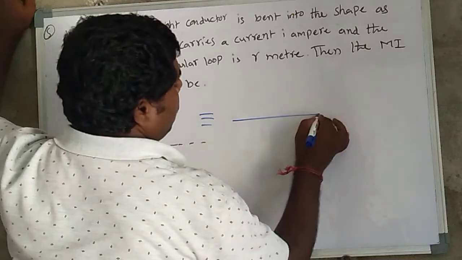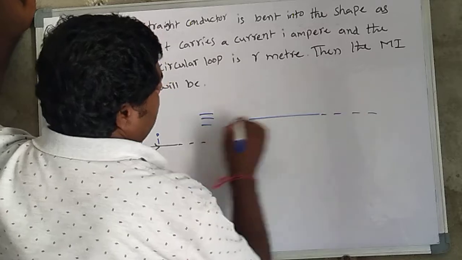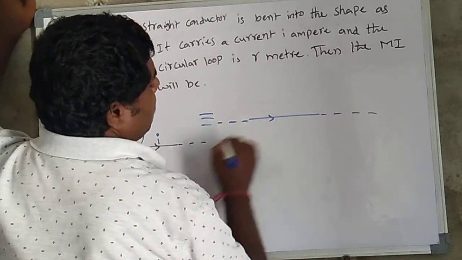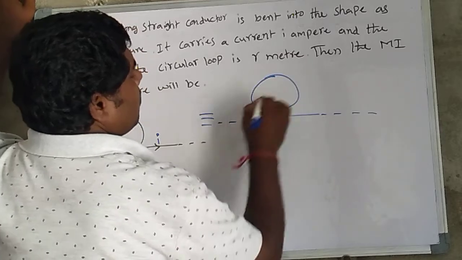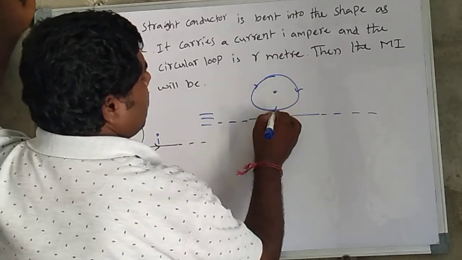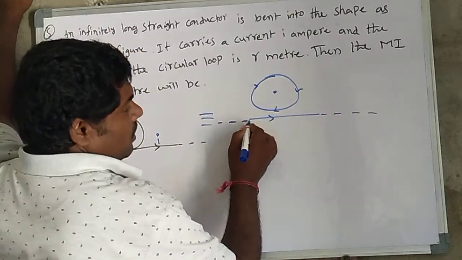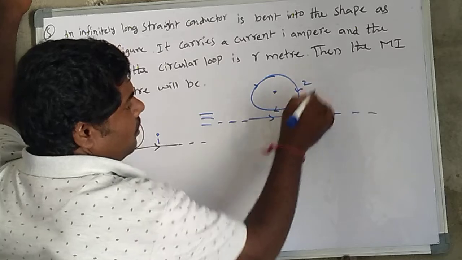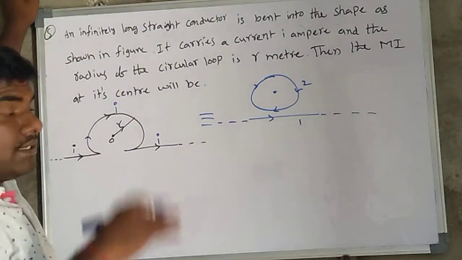This is a straight wire, an infinite wire like this, with the current like this. The circular coil also carries the current like this. So the first part is the straight conductor and the second part is the circular coil.